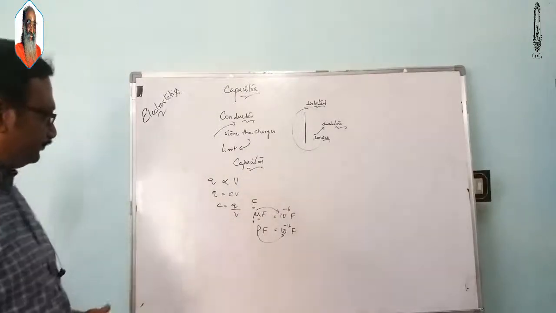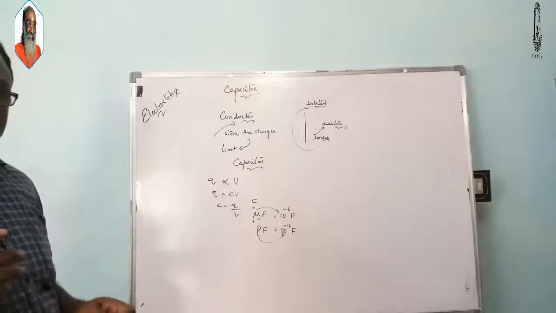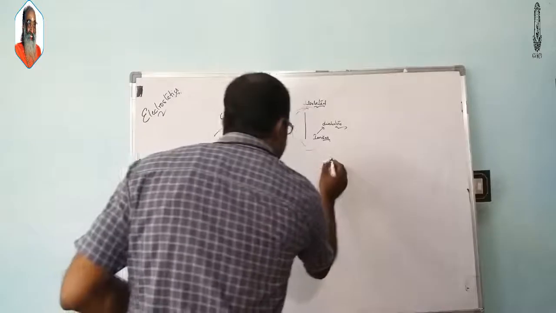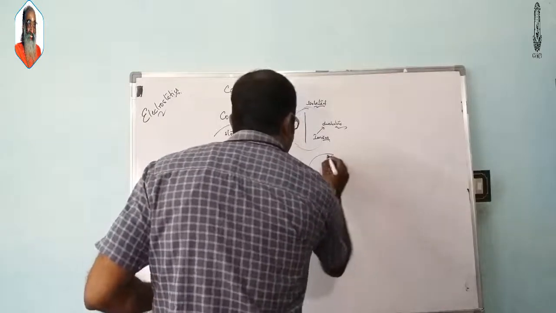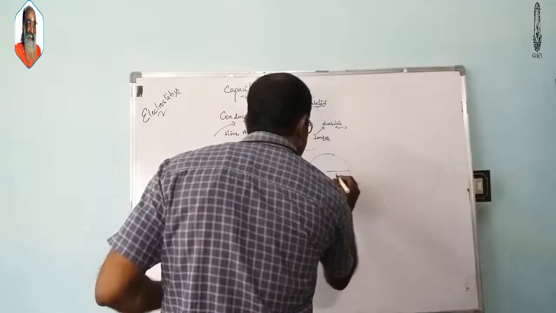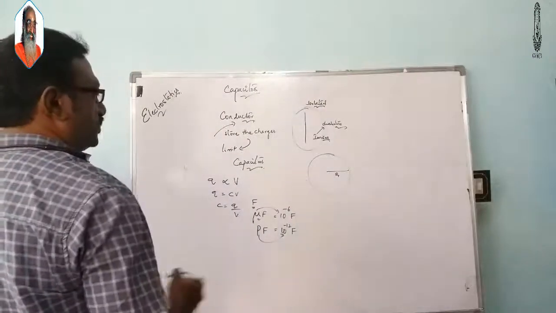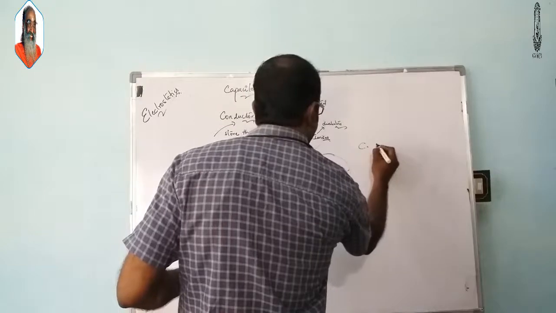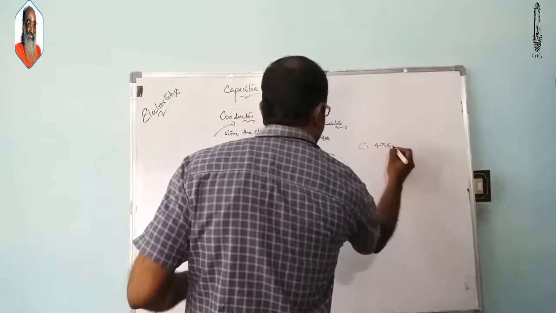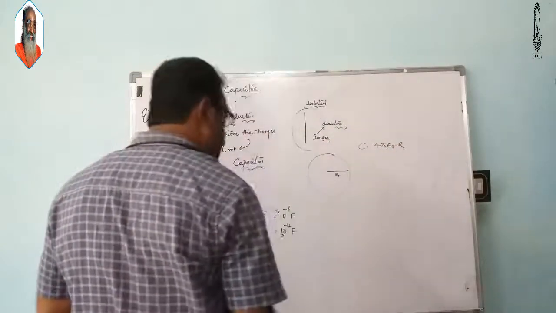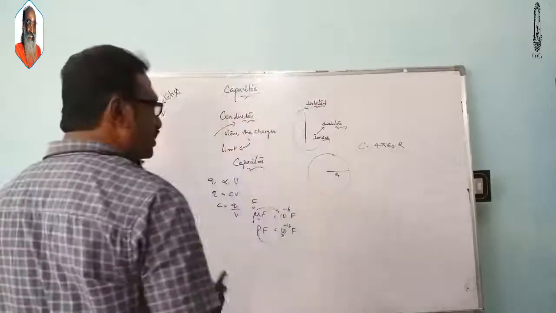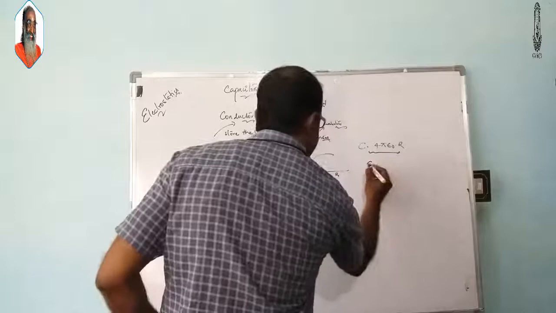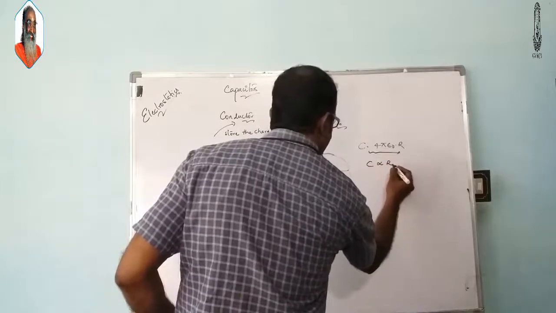And then we talked about the capacity of a spherical conductor whose radius is r. There we come to know the capacity of a spherical conductor is C is equal to 4 pi epsilon naught r. From this expression, C is directly proportional to r.